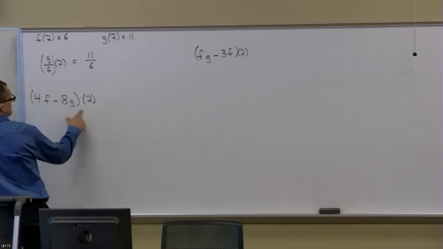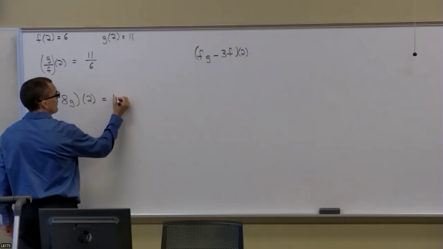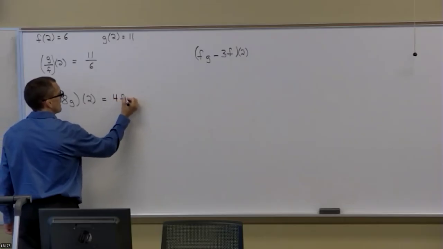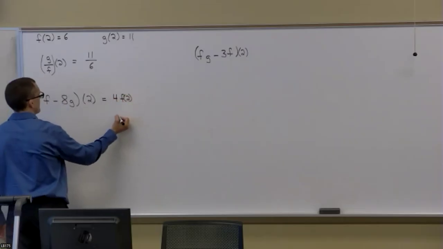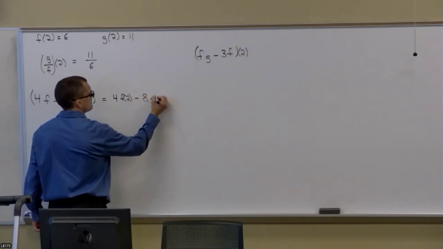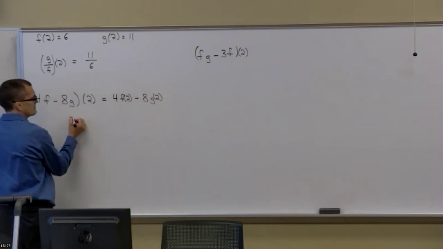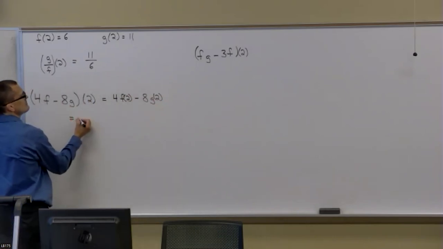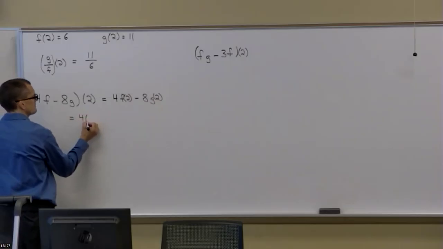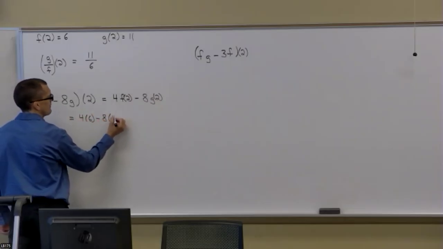If I do this, it's exactly what you think it is. It should be 4 times F of 2 minus 8 times G of 2, which in this case is 4 times 6 minus 8 times 11.